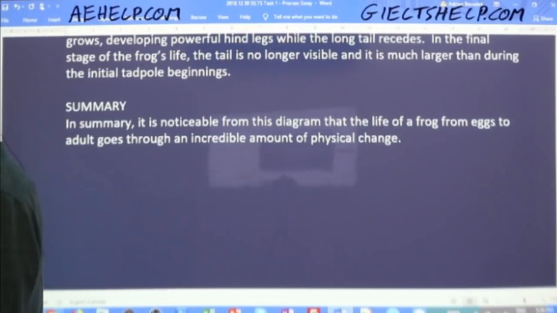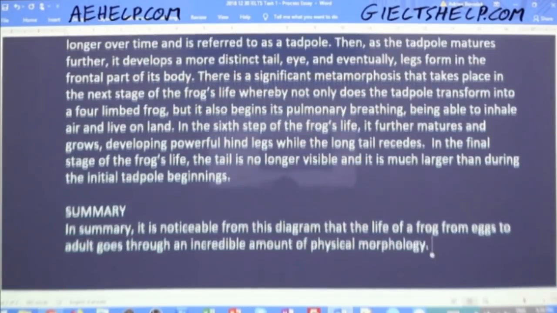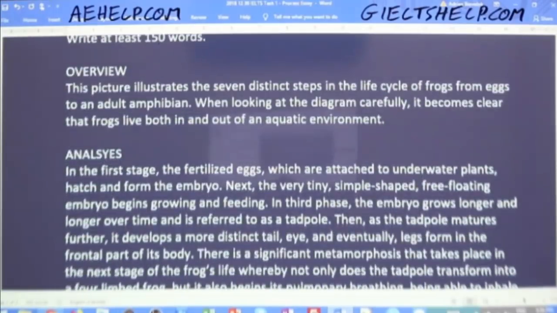Okay? So just something simple like that. So in summary, it is noticeable from this diagram that the life of a frog from eggs to adult goes through an incredible amount of physical change, or if you want to be a little bit higher level, physical morphology. Okay? There you go. Write that and you will get your band 9.